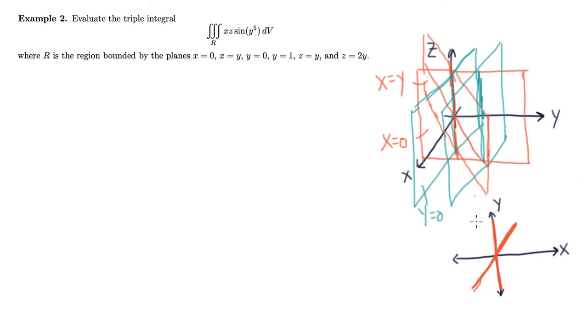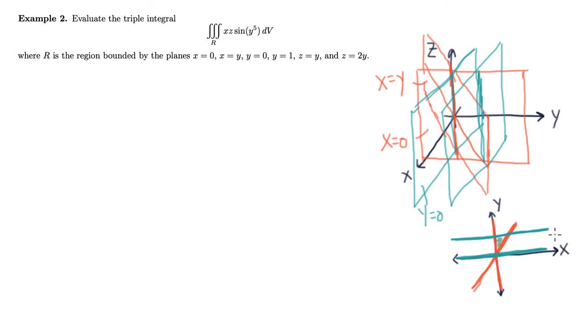Okay, and then we have y equals 0, which is the x-axis. And then we have y equals 1, which is going to be up here. Okay, so the bounded part of the region in this plane is right here.